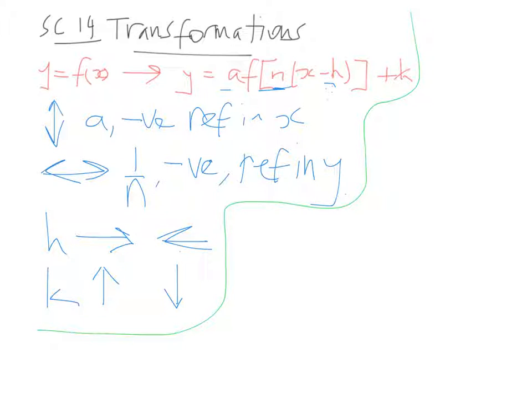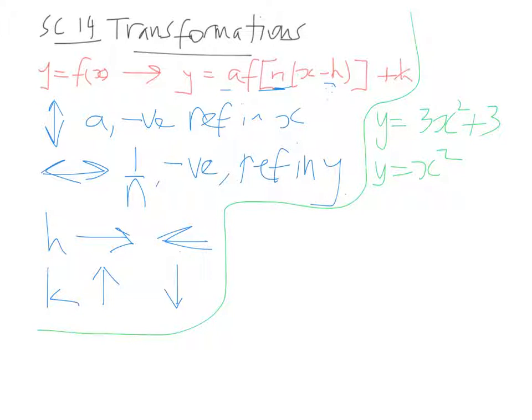So let's say we've got y equals 3x squared plus, say, 3. How is that different to y equals x squared?